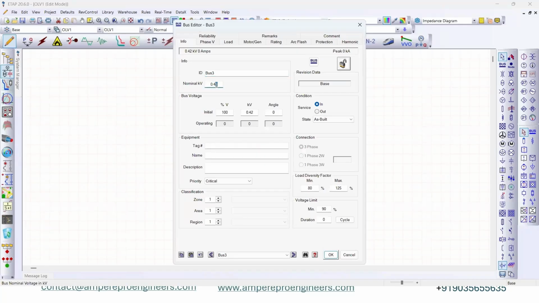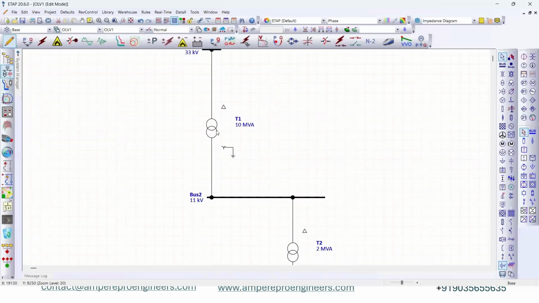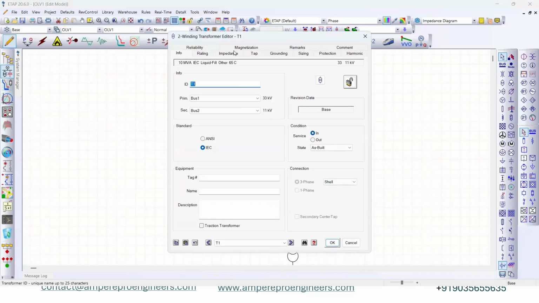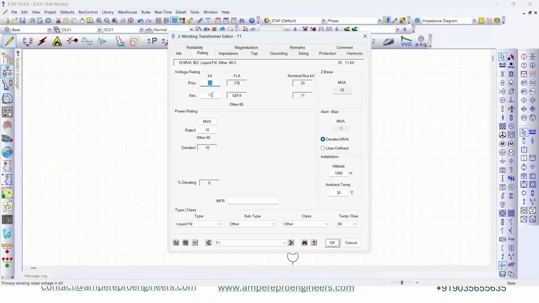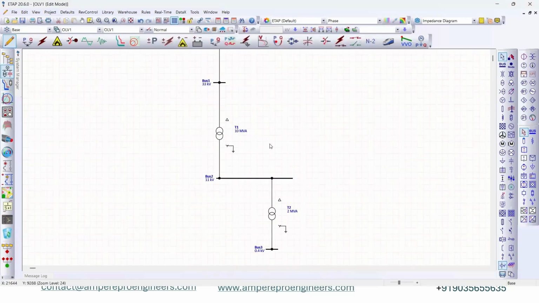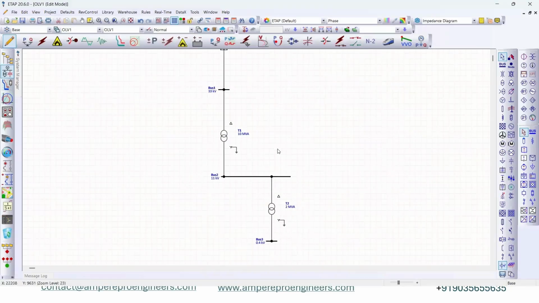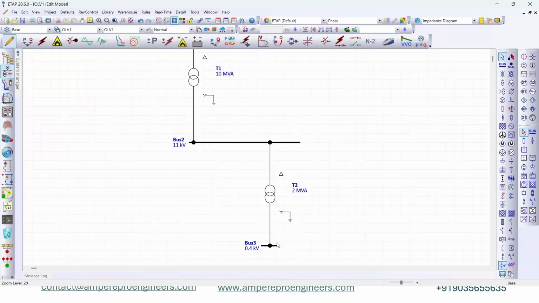We'll ensure that this is 0. So this is the typical network, and we have a 2 MVA transformer.